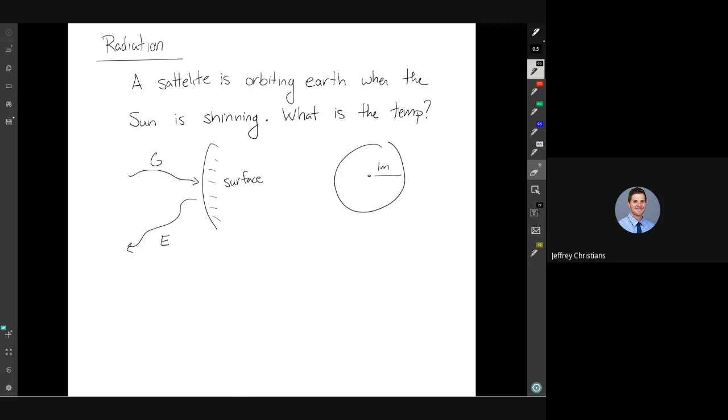Why would it be emitting radiation? Anybody? Because everything is emitting radiation. You are emitting radiation right now, where you sit. You don't see it, but a thermal imaging camera works because it's just taking a picture of the light that you're emitting.